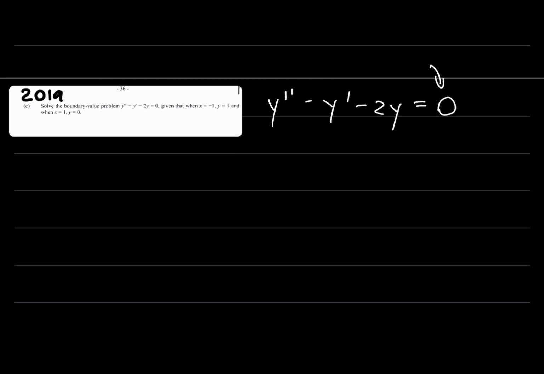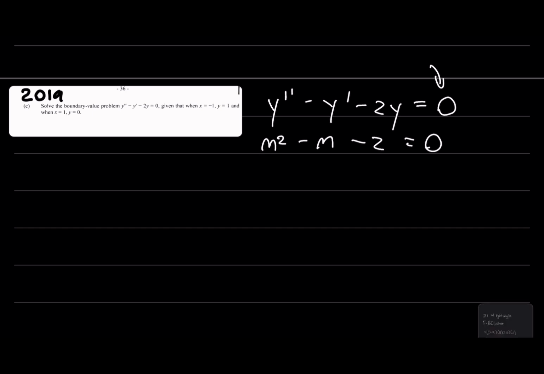So we'll find our AQE by doing m squared minus m minus 2 equals 0. Two numbers that multiply to negative 2 but add to negative 1: 1 and negative 2.